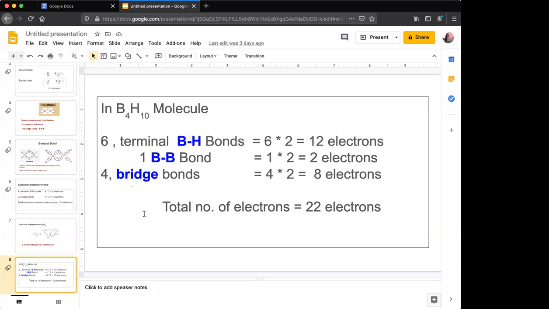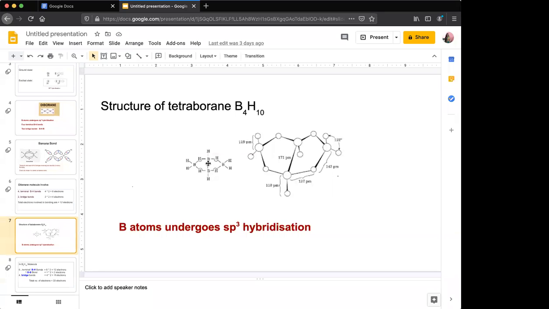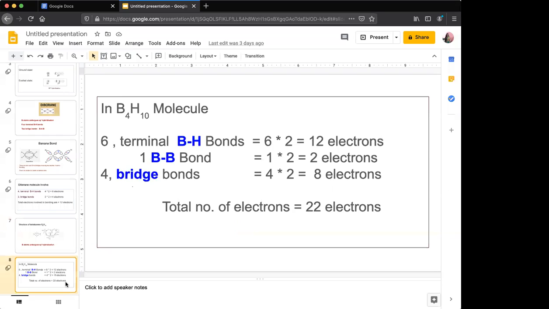In the tetraboron molecule, there are 6 terminal BH bonds and 1 BH bond involves 2 electrons. So 6 multiplied by 2, 12 electrons. And there is one boron-boron bond, as you can see here. Boron is connected to another boron. So one boron-boron bond involves 2 electrons, 1 multiplied by 2, 2 electrons, right?